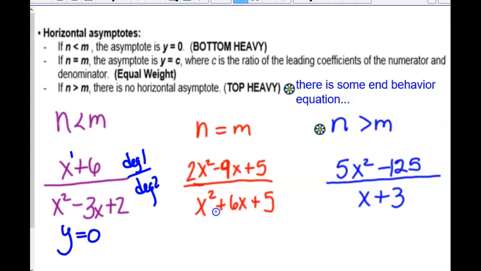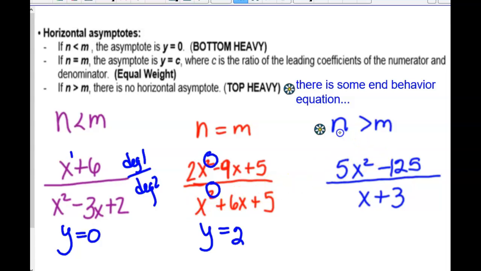All right, these two, if you put 1,000 in, you'd have really big numbers here, but they would divide out. What would be left? The leading coefficient. So this will approach y equals 2, and the rule is when the degree is the same, both of these are 2, you take the leading coefficient divided by the leading coefficient.